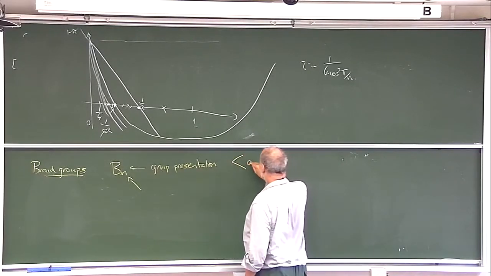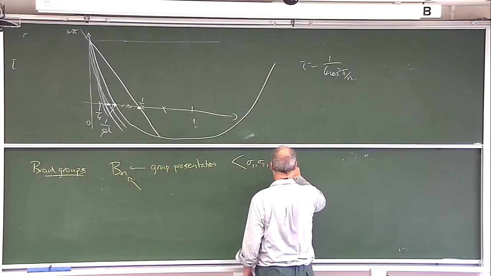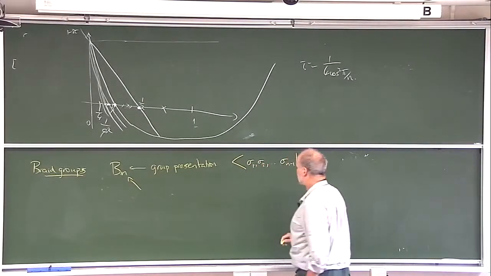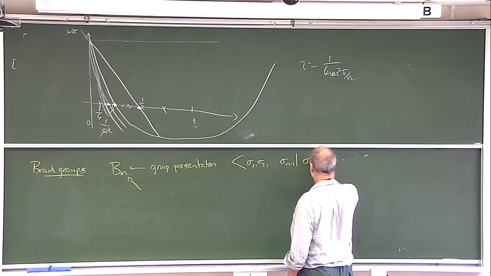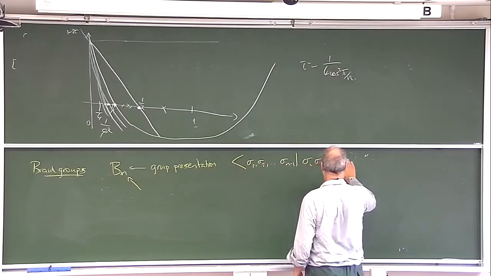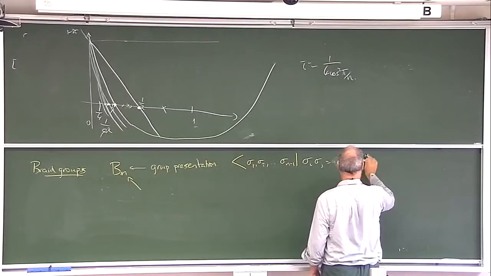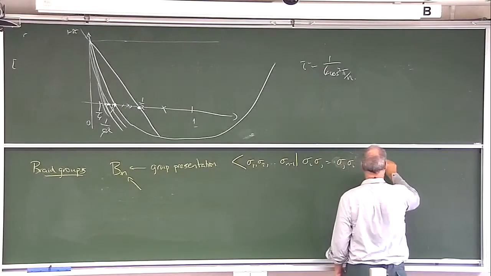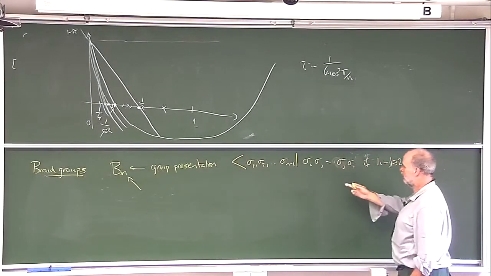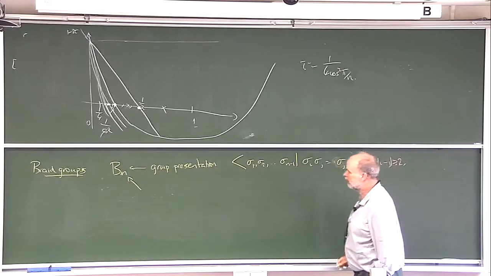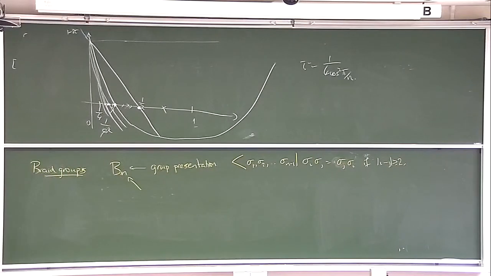There are n-1 generators, sigma 1, sigma 2, up to sigma n-1. And there are relations, which I'm going to call sigma i sigma j equals sigma j sigma i if the indices are 2 apart. So they commute, and of course you'll observe immediately that this is rather similar to that.